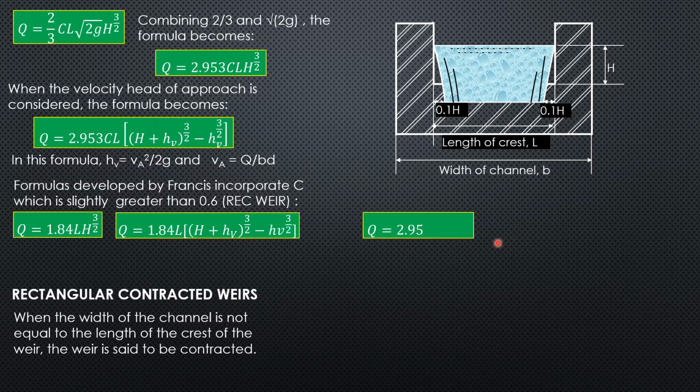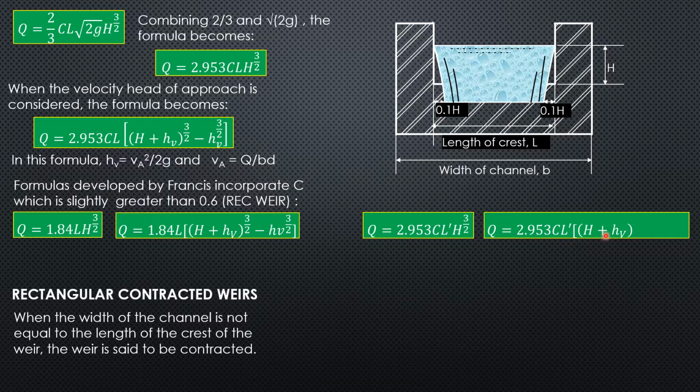So Q becomes 2.953 C L prime H to the 3 halves from this formula here. Or if using Francis formula, you just replace L by L prime, depending on the situations, considering or not considering velocity head of approach. Then Q is also 2.953 C L prime quantity H plus H sub V to the 3 halves minus H sub V to the 3 halves.